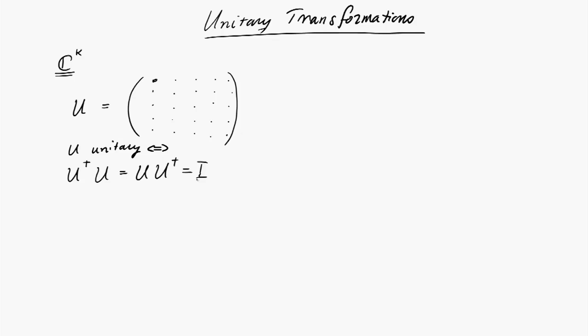So let's look at this in detail. Let's assume we are working with a 2x2 matrix. So U is of the form A, B, C, D. Remember, A, B, C, D are complex numbers. So what does U dagger look like?